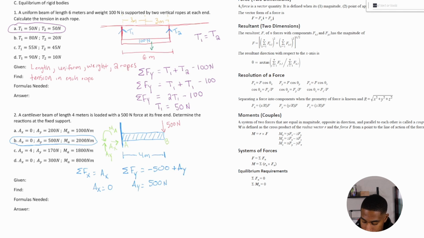Right. But let's just go through this. So let's look at the sum of the moment about A. It equals the moment at A, the reaction moment, and then minus.